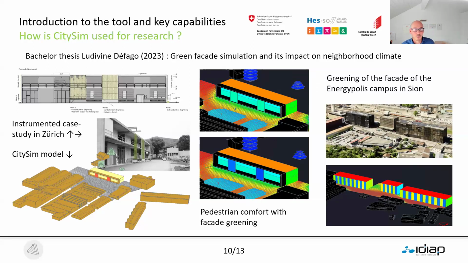And we wanted also to fight a little bit climate change and to have a look at a campus in Sion, which is facing south and has a road that is completely mineral, and it's getting very, very warm there in summer. As just a test, she wanted to see what greening facades could bring to the comfort of pedestrians, because she is going to that school, so she was interested to see how we could potentially improve the comfort around the school.